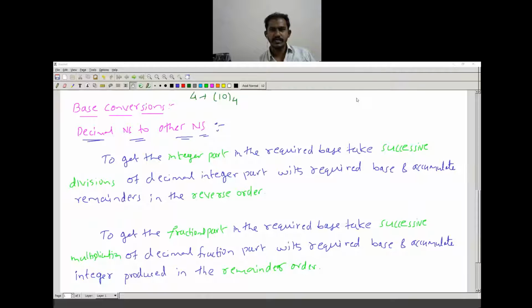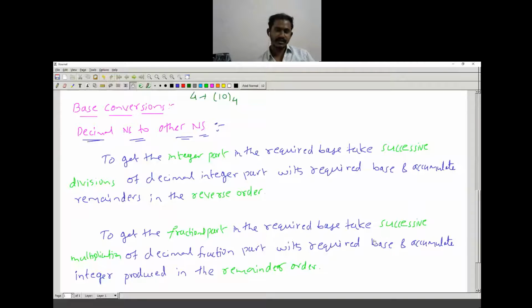And we need the fraction part also. Getting the integer part is not enough, you have to get the fraction part also. To get the fraction part in the required base, take successive multiplication of the decimal fraction part with the required base.